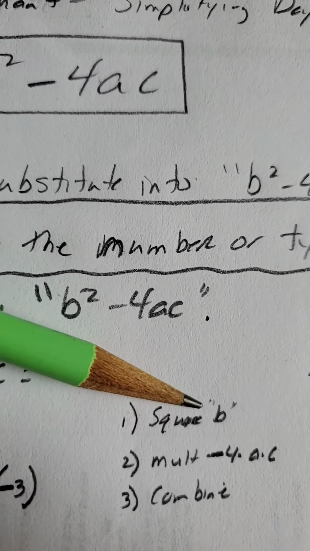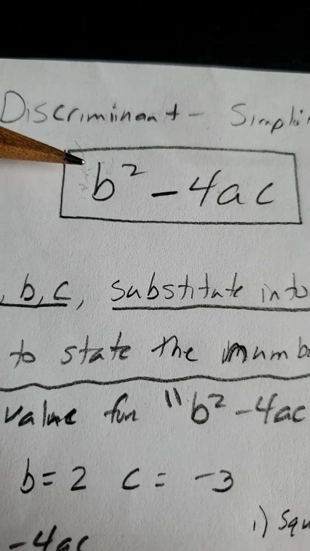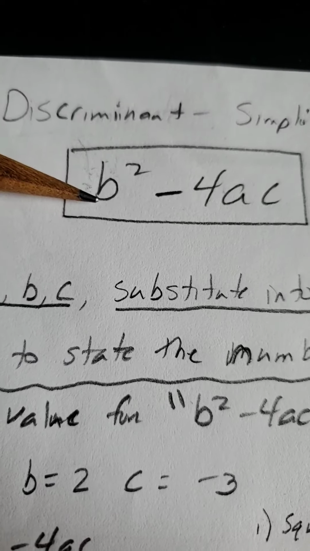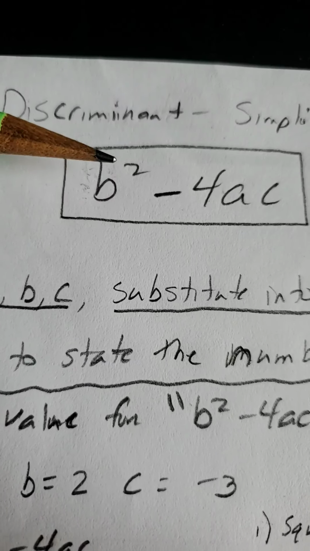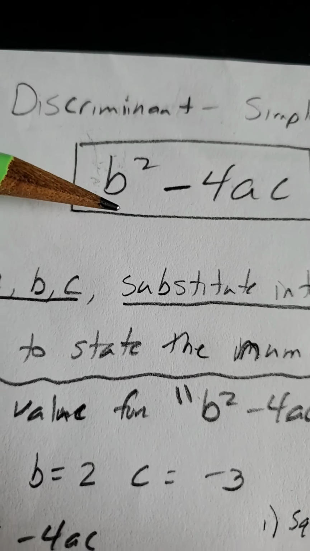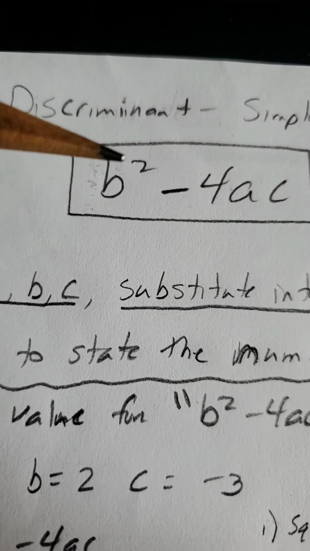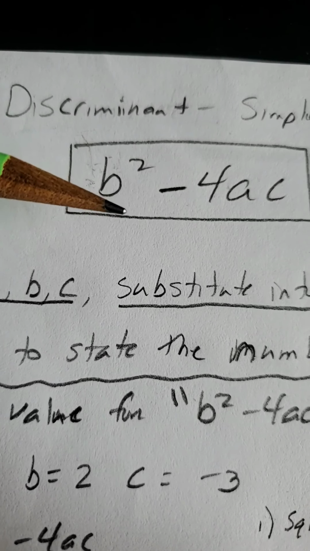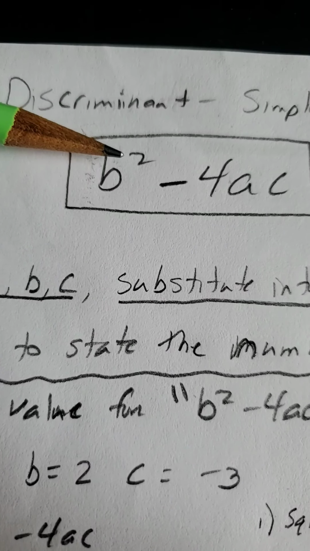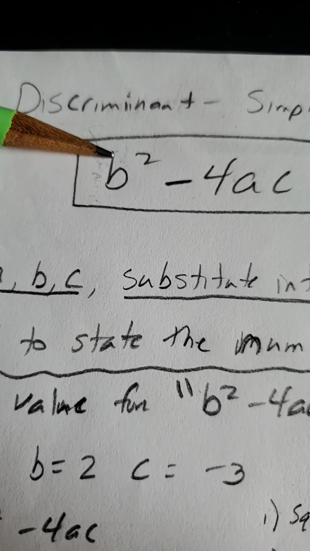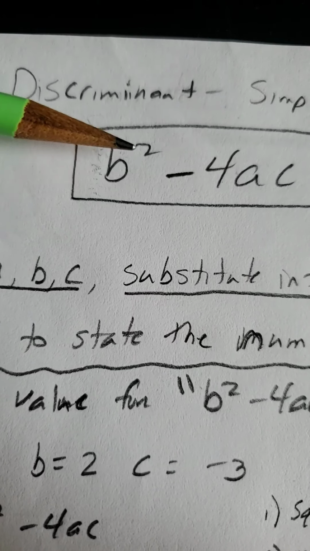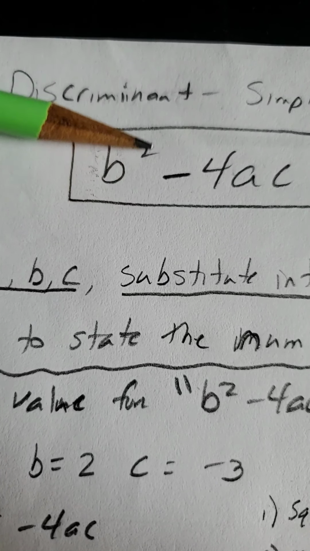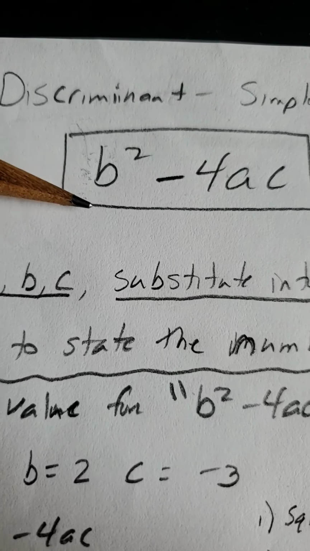Make sure when you square the b, a positive squared is a positive, but if b is a negative, like -5, let's say, -5 squared means -5 times -5, which is positive 25. Make sure when you square the b, you should always end up with a positive, because a positive times a positive is a positive. And if it's a negative, you have a negative squared, which means negative times negative is still a positive. This number right here should always be a positive after you square it.